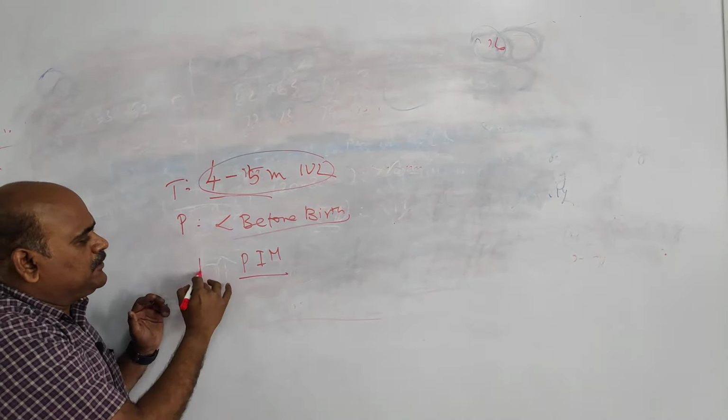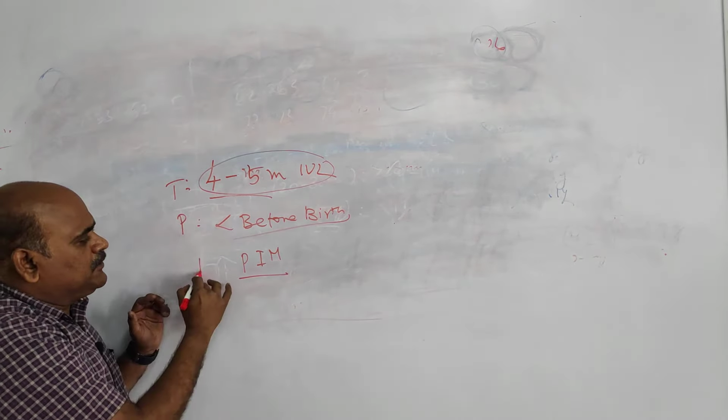Then the parabolic cusp or tubercle. What is that? Carabelli's cusp, C-A-R-A-B-E-L-L-I, Carabelli's cusp or tubercle. That means presence of an additional cusp at the mesiopalatal angle of the maxillary first permanent molar is called Carabelli's cusp, which is seen in Caucasians.